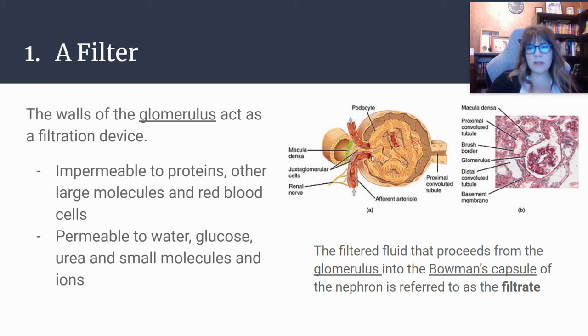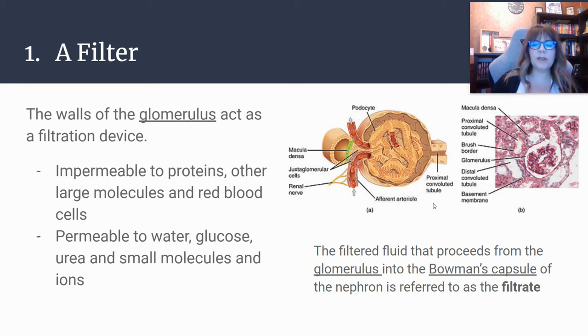While it's inside this glomerulus, this filtration device, things like proteins, really large molecules, and as you can see, red blood cells, do not get taken into the nephron, okay? Those things are left in the blood. Water, glucose, urea, and really small molecules like ions, like chloride ions, sodium ions, hydrogen ions, are actually going to be filtered into the nephron.